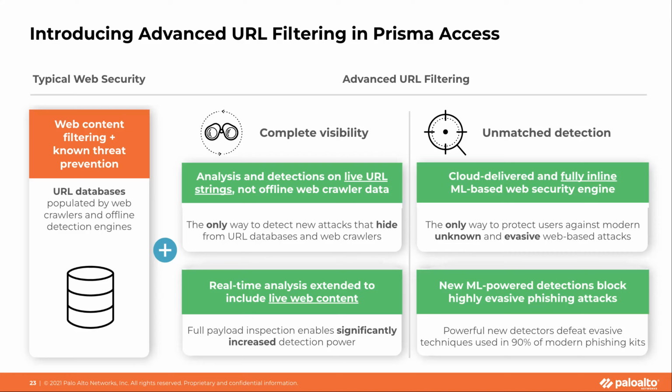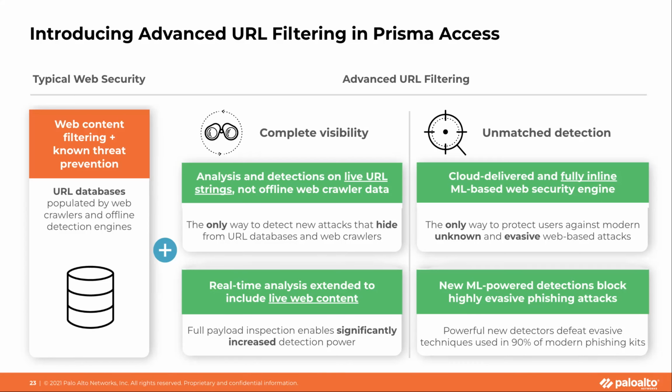At least based on the industry data that we've seen, we are the only vendor to do this, and we have been able to contain 90% or more of modern phishing attacks with this inline detection mechanism. No other vendor in the industry can do that today. And you'll be able to leverage all these capabilities with the Prisma Access 3.2 innovation release.